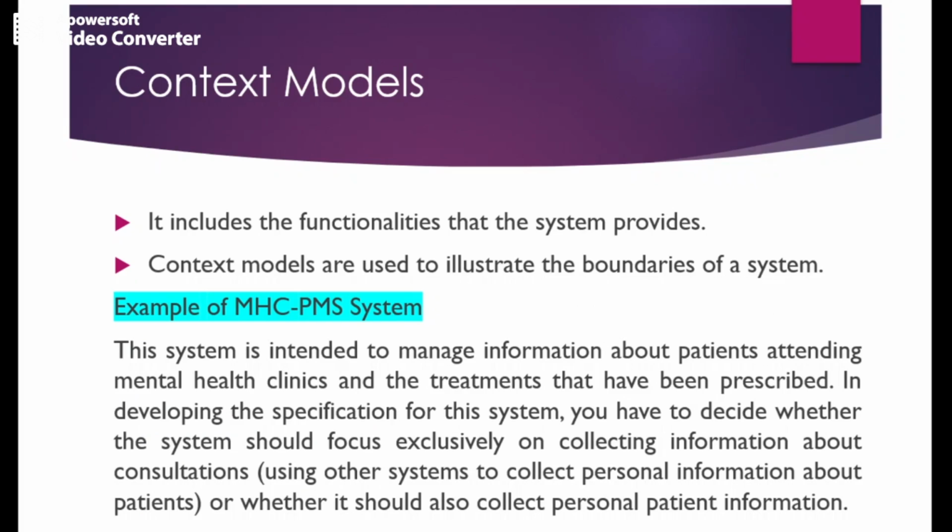We will discuss context models. The word context is new for you. It includes the functionalities that the system provides. You are building a new system, and you think what all functionalities your system should provide.